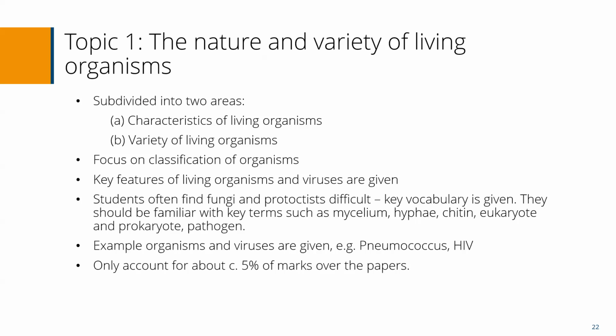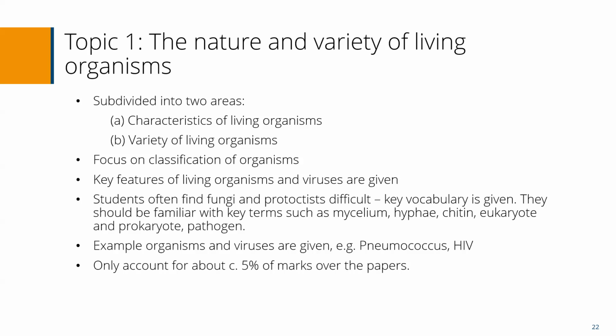So topic one, again what might be regarded traditionally as the introduction to biology. It's subdivided into two areas: the characteristics of living things. That's basically one spec statement that lists through nutrition, respiration, responding to the environment, moving, reproduction, growth, and so on, as you'd expect.